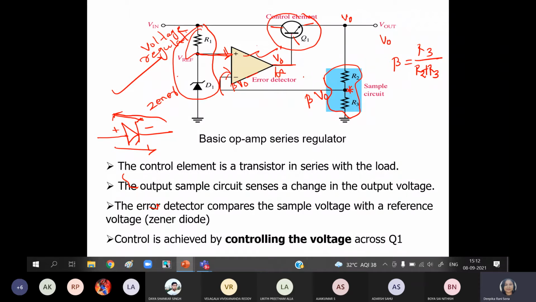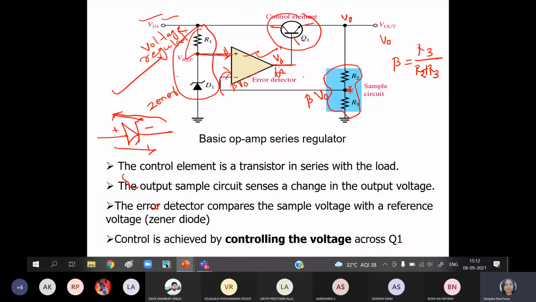Suppose this V0 dash is now applied to the transistor base Q1, or the series pass transistor Q1. Now, if there is a fluctuation in the input and we have placed a reference voltage here, irrespective of all the changes in the input, the transistor will balance by taking this V0 dash.